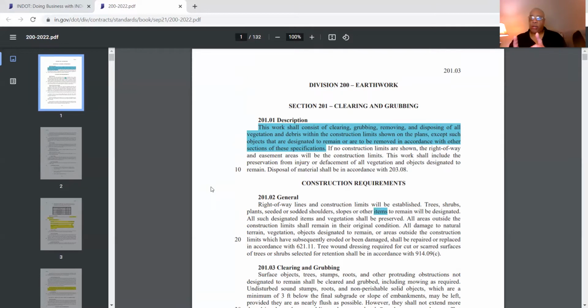Now, you notice what I said, with other sections of the specifications. Again, specifications refer to other specifications. Also, specifications refer to sections within the same specifications.